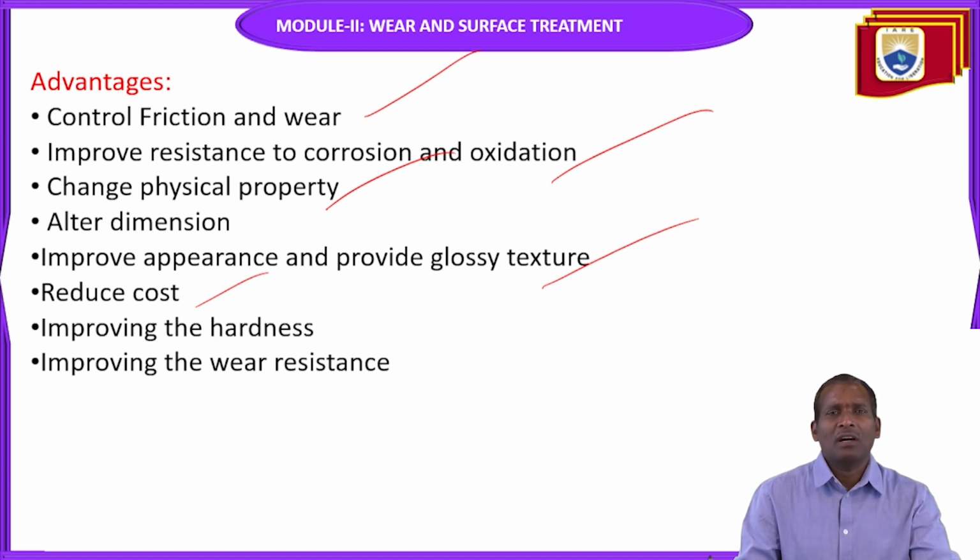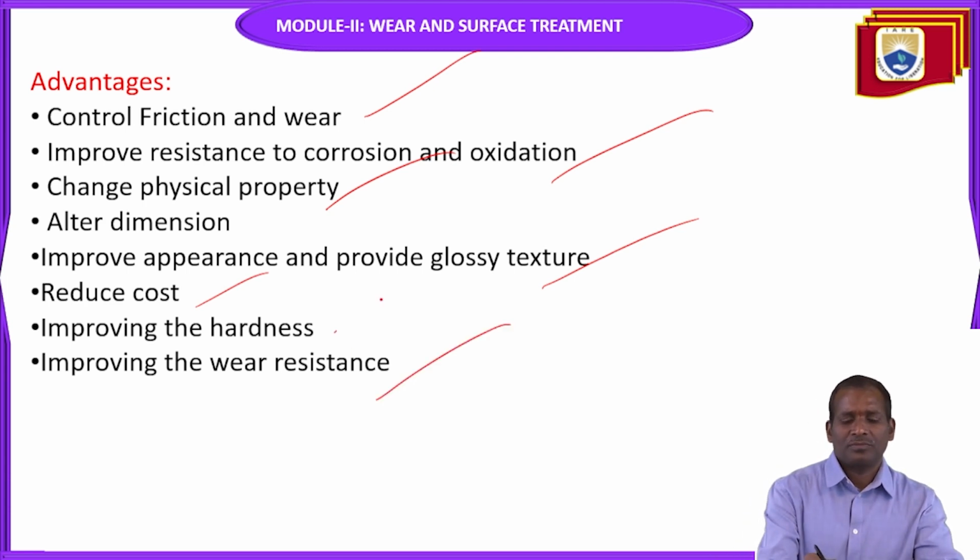Improving the hardness also, by using these treatments. Some treatments are there, mechanical surface treatments. By using these mechanical surface treatments, you can improve the hardness of the material. Similarly, improving the wear resistance also.